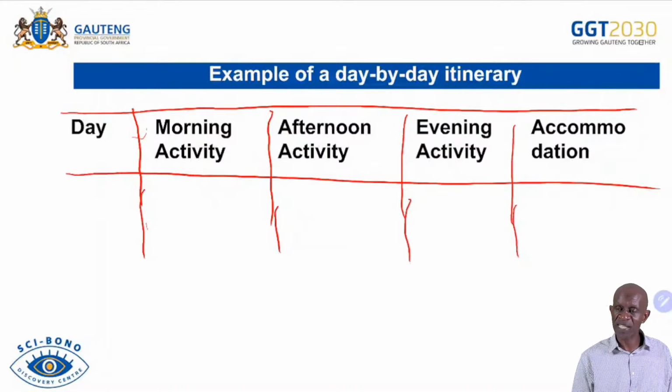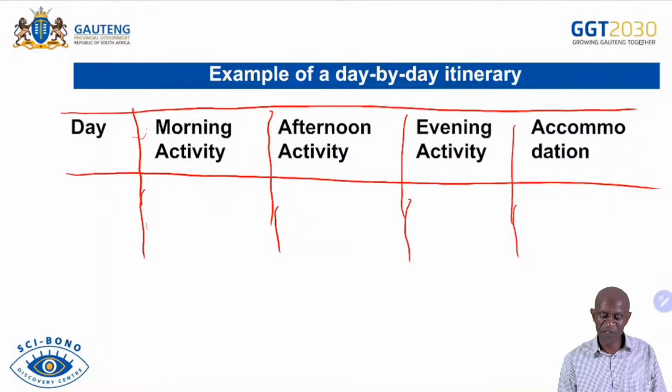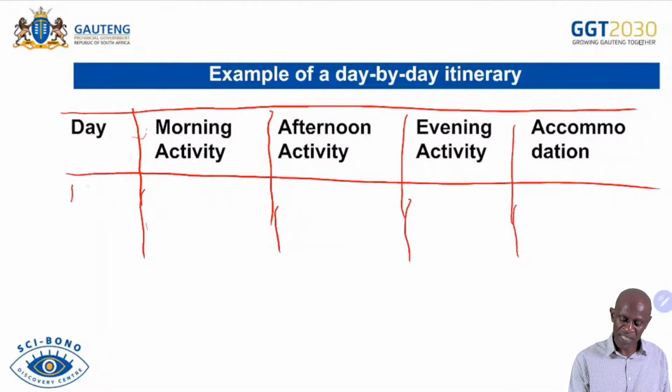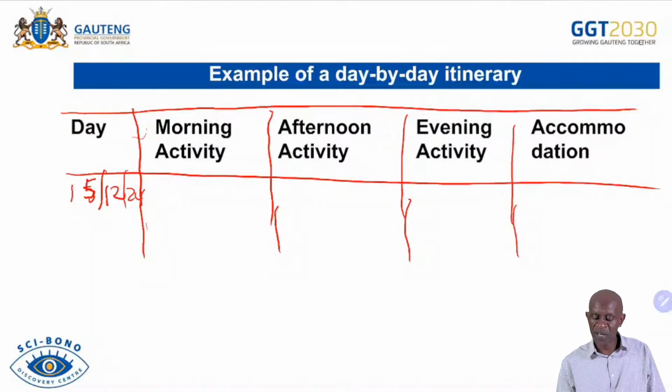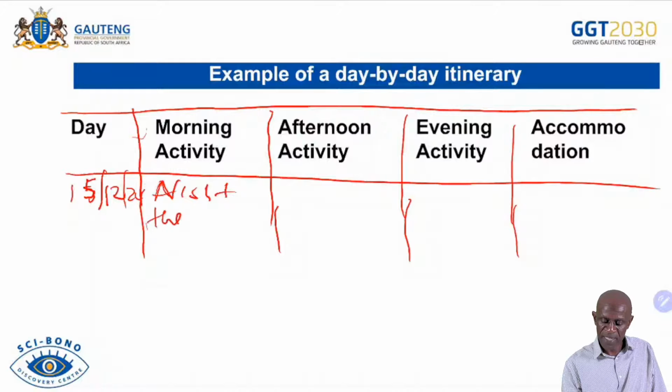You can express the day as day 1, or if the tour starts on the 15th of December, you'll just write 15, 12, and the year. And the morning activity, you'd say the morning you'll visit the apartheid museum.